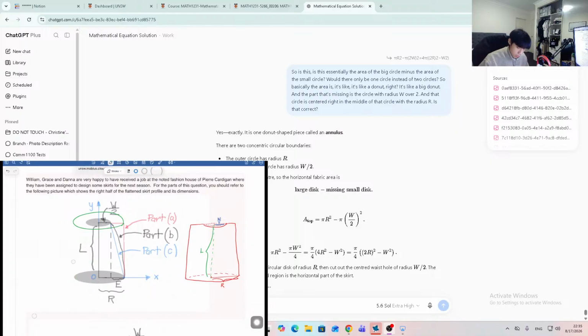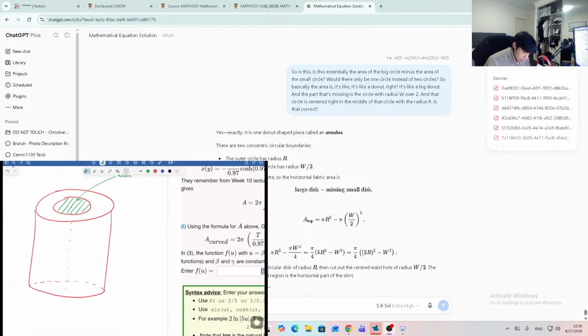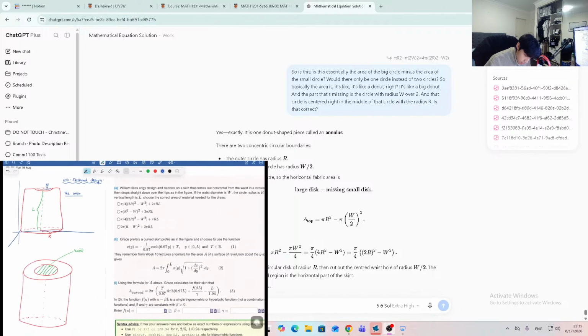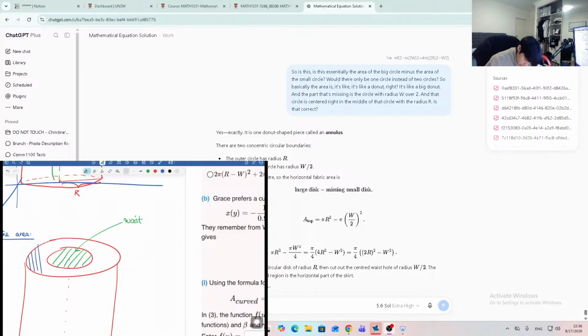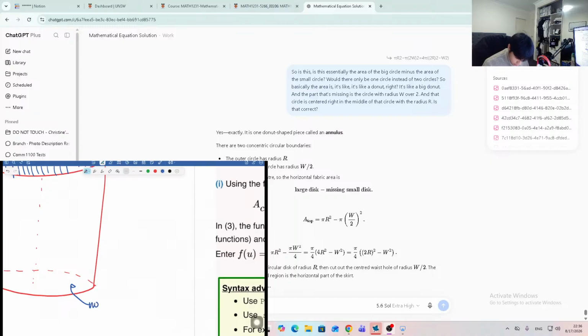Then the area would need to be this. And sorry, no area here, skirt.